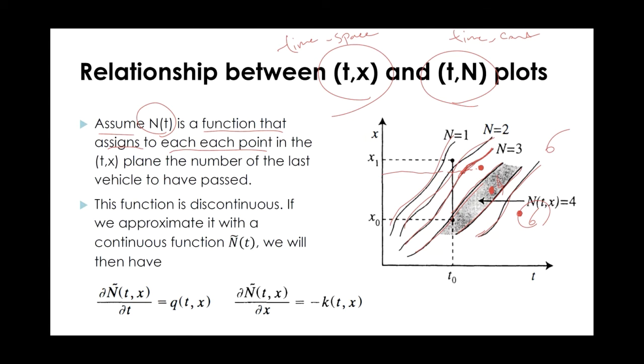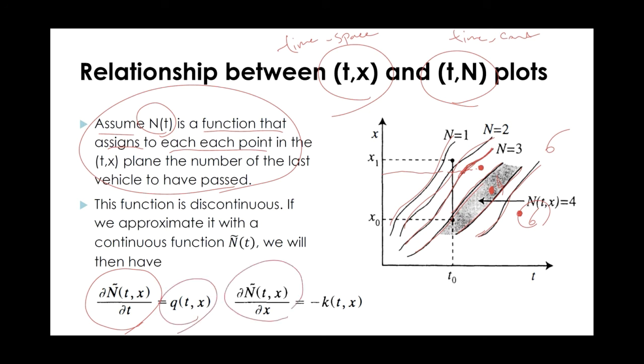This is the important part, everyone. If I take the derivative of that N(t), as defined here, with respect to time, that gives me the flow. If I take the derivative of that n function with respect to location, with respect to distance, it will give me the density.